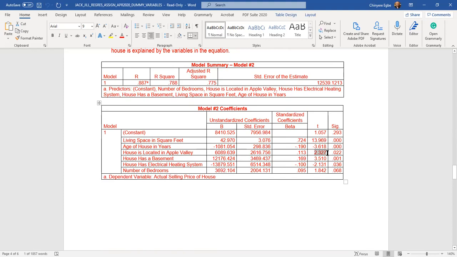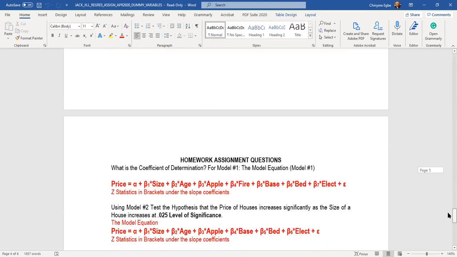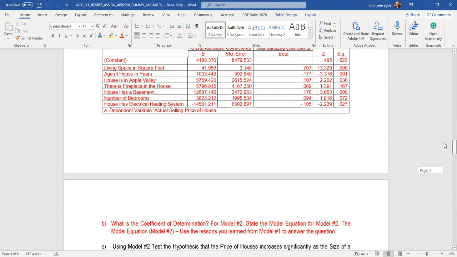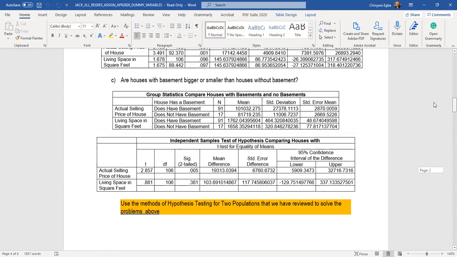If you choose the level of significance and the critical value is say 1.96, then you can say that the houses in Apple are likely to add 6,089 to the value. But it's asking you to compare the two. So what you're doing there is a hypothesis test for two populations. That's a totally different question, so you use a different table here.